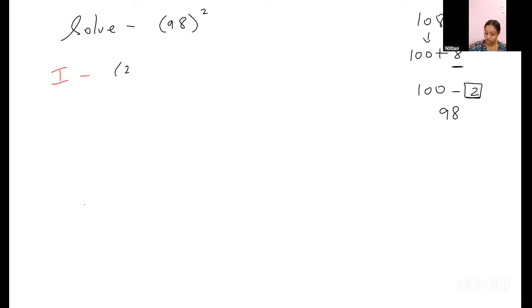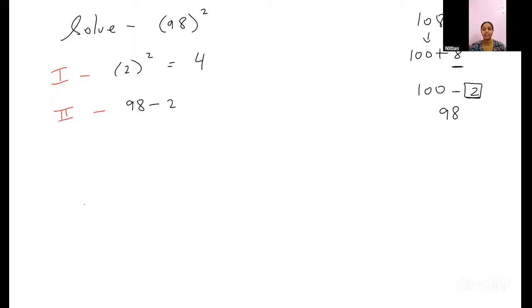4. Step 2 is we will do 98 minus 2. Remember, we take the original number and then we add or subtract the deviation.